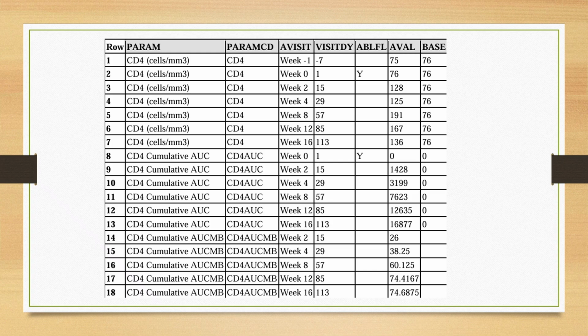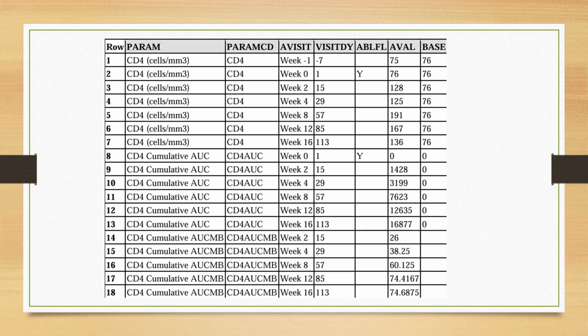Rule 4 is a special case of rule 2. The function covered by this rule violates the second condition of rule 1, that is, they are not same-row functions of AVAL, and may also violate the first and third conditions. Right now in this table, which I'm using as an example of a clinical trial for an HIV vaccine, you can see that blood samples were drawn at each visit and CD4 cell count is being measured.